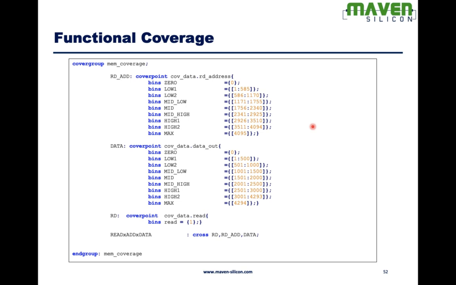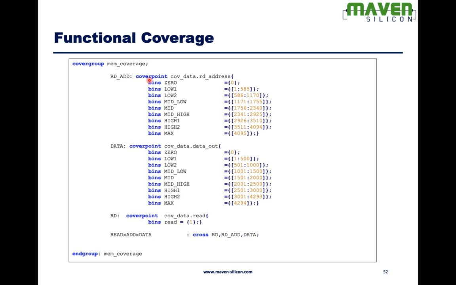Then you can think of defining possible bins, maybe based on your interest. That's how you define coverage model. So if you look at the coverage model, it will have cover points, and the cover points will be defined for every variable, and every cover point will have possible bins. And finally, you can think of crossing the cover points.